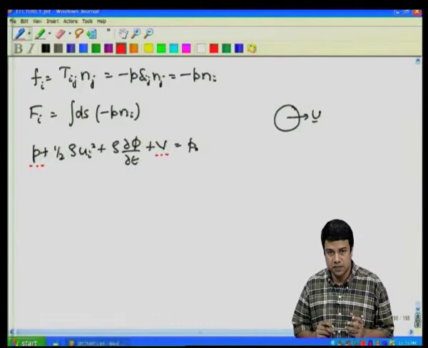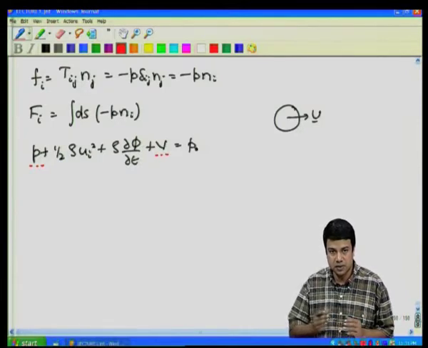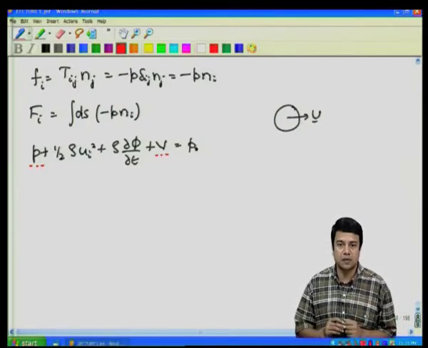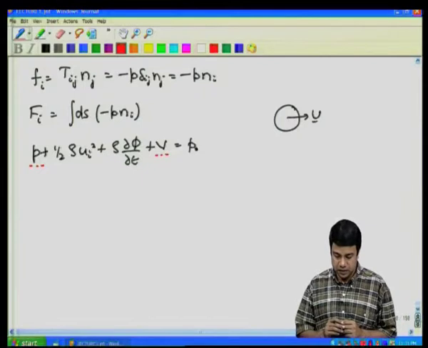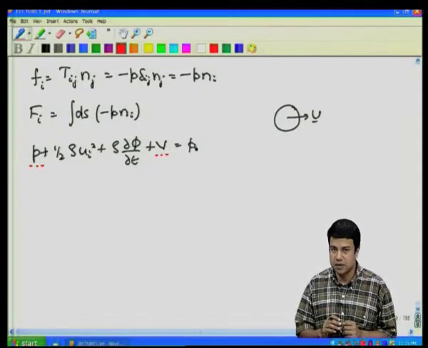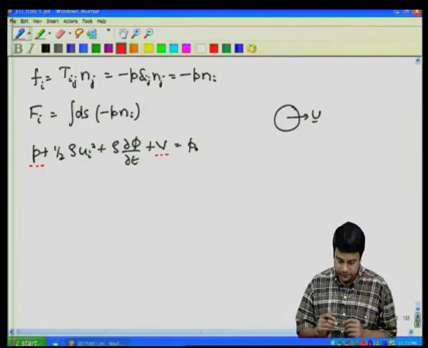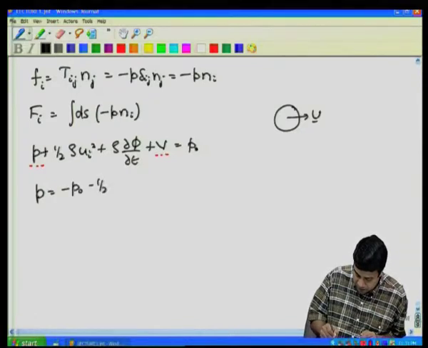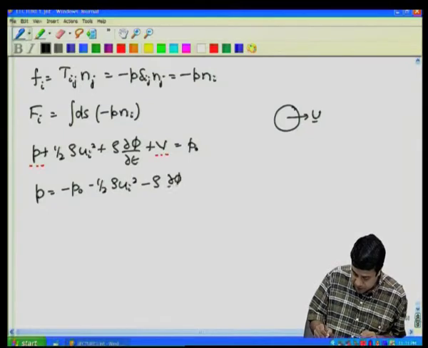So the potential plus the fluid pressure can in general be combined to get a pressure which incorporates the body force terms. For this particular calculation, we will assume for the present that the potential is identically equal to 0. So with that, P is equal to P naught minus half rho u_i squared minus rho partial phi by partial t.